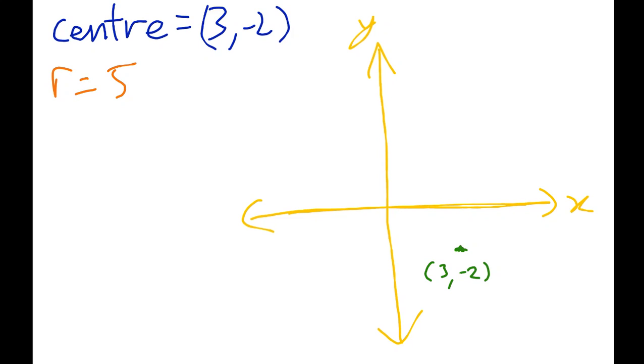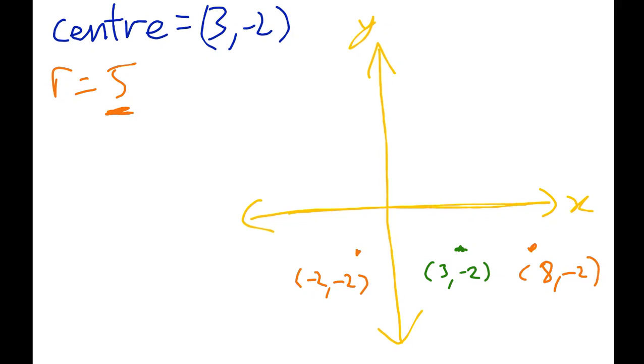Because r is 5 and the center is 3, the maximum points horizontally, going from left to right from the center point, would be at 8 or negative 2. So this one would be (8, negative 2), and this one would be (negative 2, negative 2).